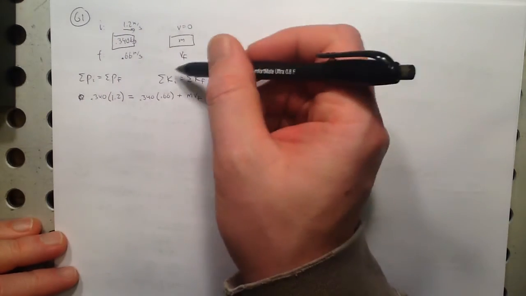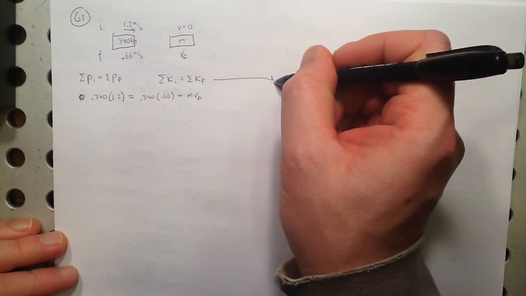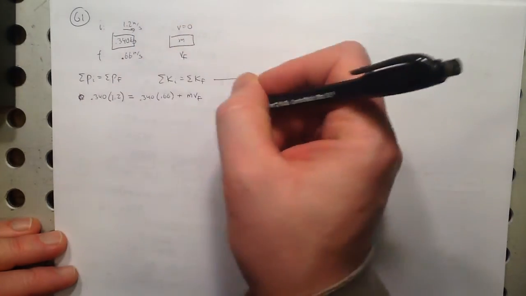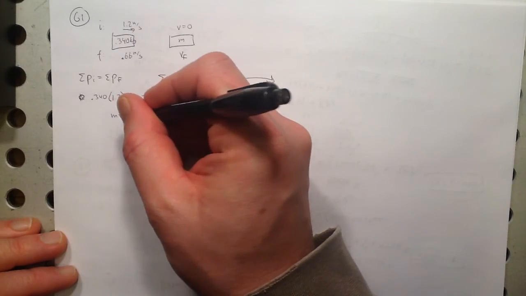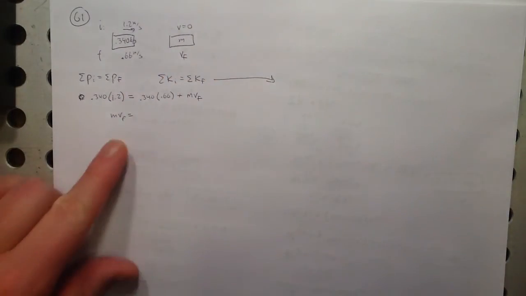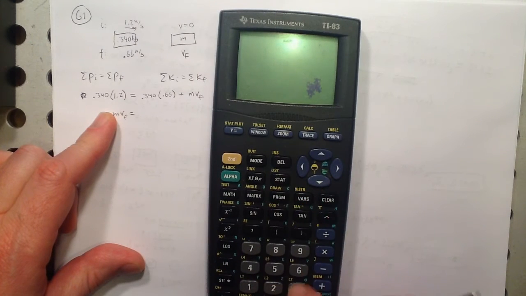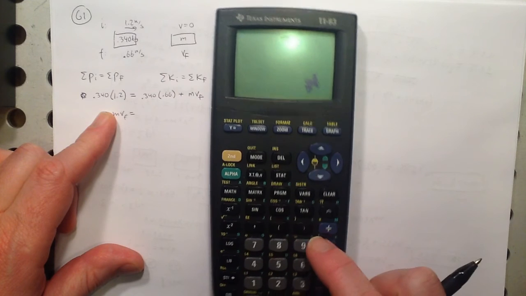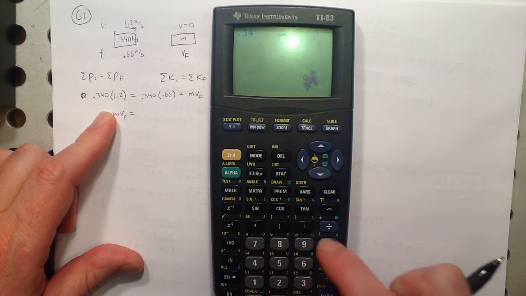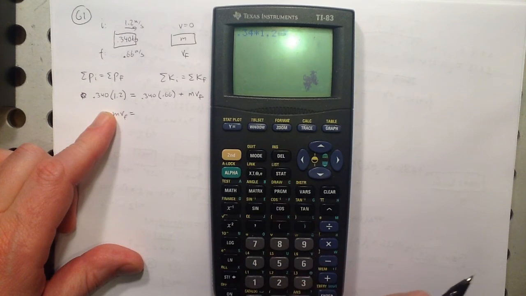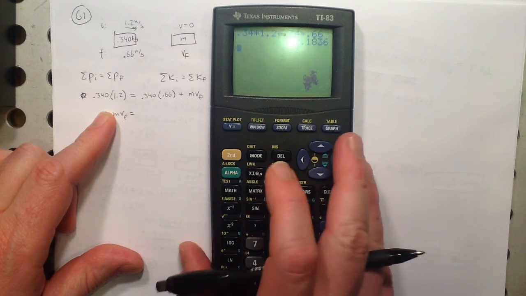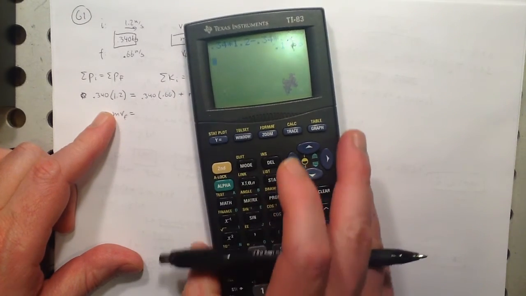I didn't really leave myself enough room over here, did I? So maybe we can just clean this up a little bit. So MVF is equal to 0.34 times, turn the calculator on first. She works better that way. 0.2 minus 0.34 times 0.66, 0.184.